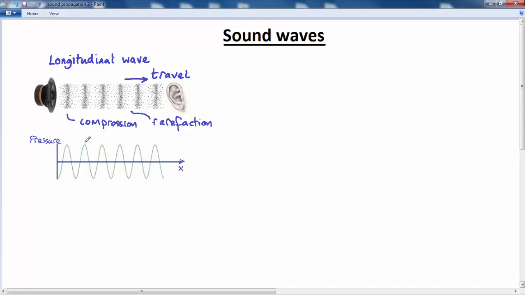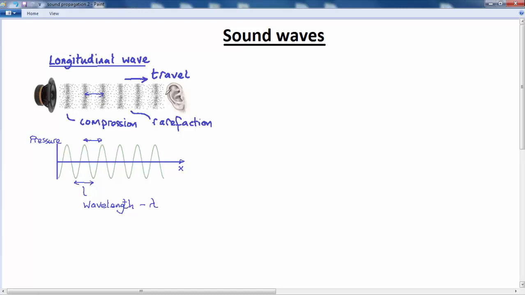The distance between two high pressure peaks, that's to say between two regions of compression, say from here to here, is what we call the wavelength of the sound. And the wavelength is given the symbol lambda. That's a Greek letter.